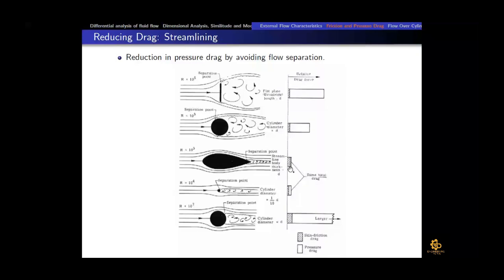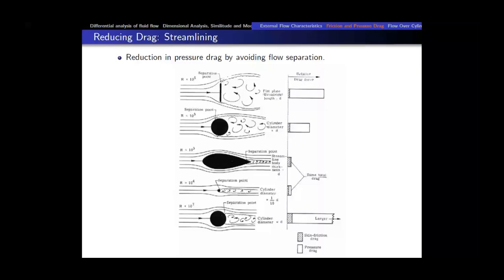But if the cylinder is big and the Reynolds number is even higher, then you can see that the drag force is more. Here the shaded region is due to skin friction drag, and the empty region is due to pressure drag. So you can see that in almost all cases, pressure drag is the major contributor to the total drag force. So we want to reduce pressure drag because that is very critical.